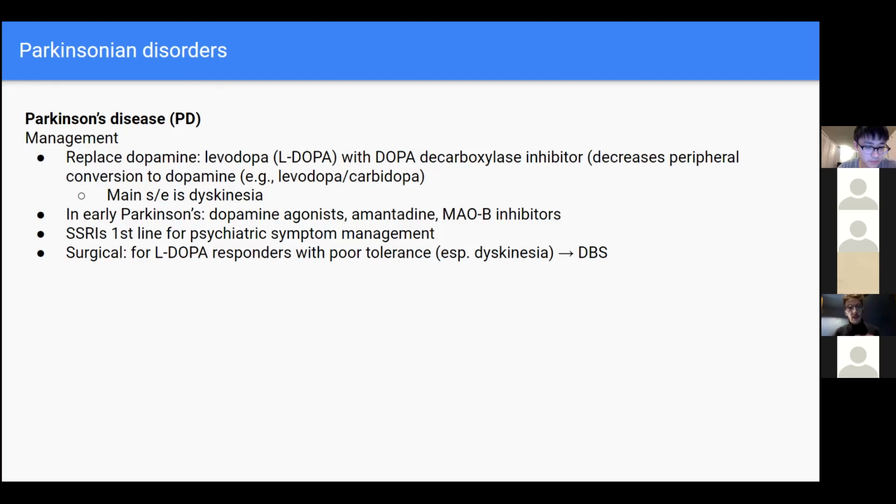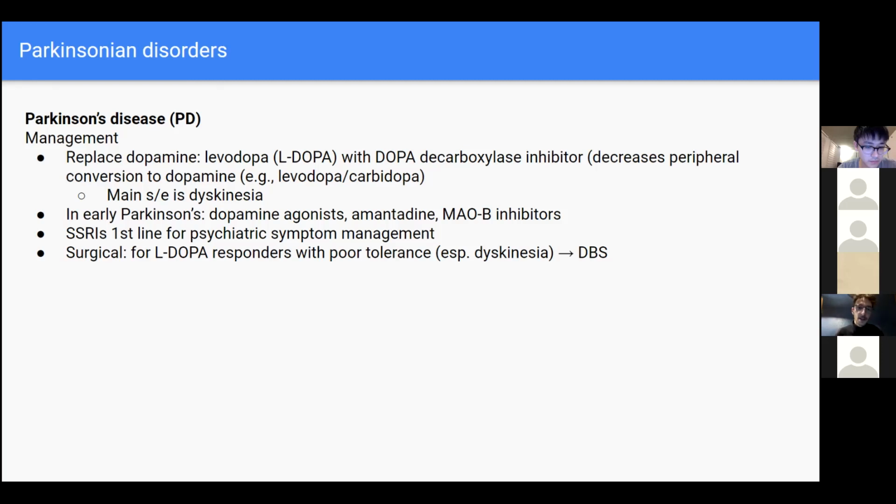The classic side effect was vomiting. So now we give levodopa carbidopa, which is also called Sinemet, and the origin of the word Sinemet is "without emesis." That's how I remember the vomiting side effect of levodopa.